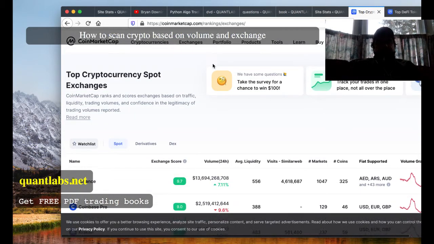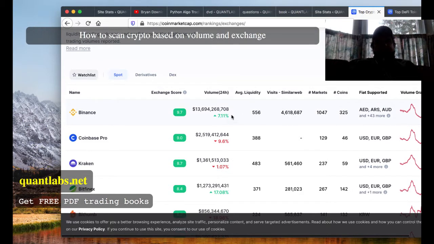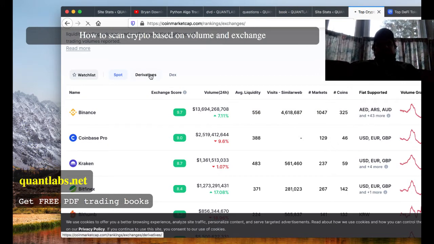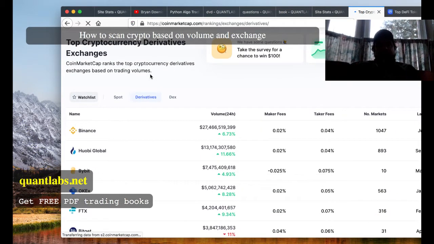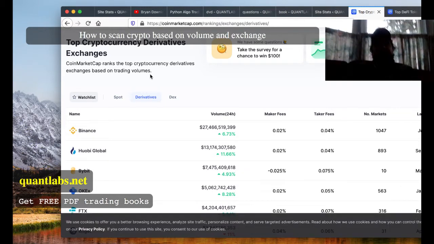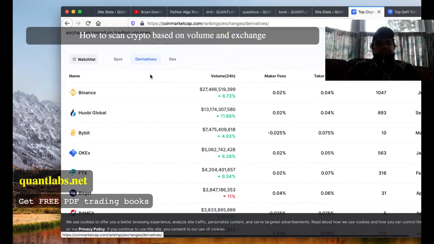So that is the spot market, but really what needs to be paid attention to is the amount on the 24-hour volume, let's say 13.7 billion on a 24-hour basis for the spot market. When we move into the derivatives, we're now moving into the futures market, which is what I trade in, where I get access because there's more data available for bid and ask spread, open interest, order book, and so on.